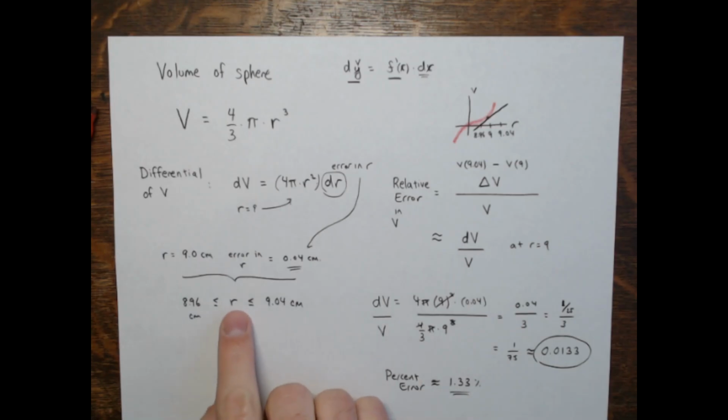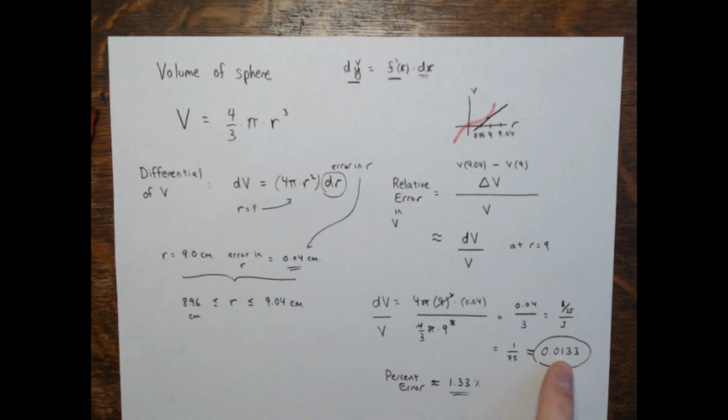Right, so if I were to increase the radius by 0.04 centimeters or decrease the radius by 0.04 centimeters, this is saying I would expect the volume of the sphere to increase or decrease by about 1.33%. All right, now we're not asked to put a percentage in though, we're asked for the relative error, not the percent error.